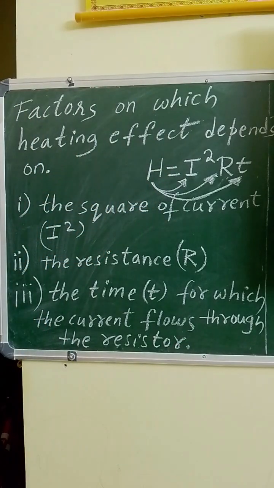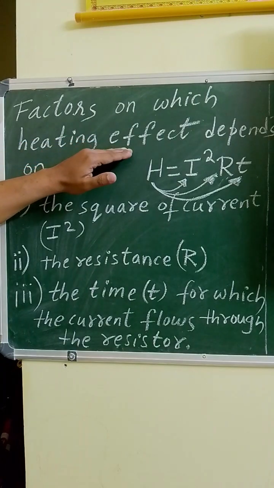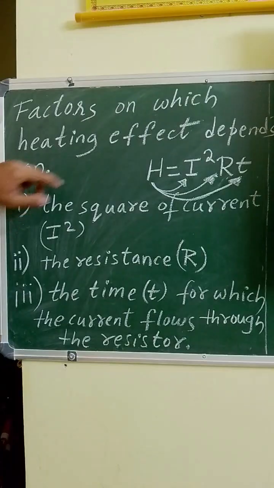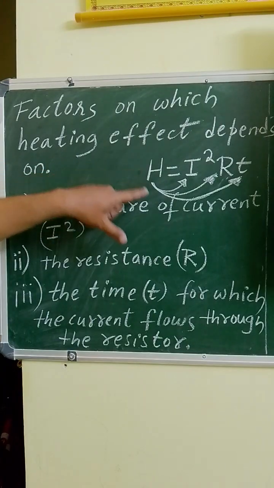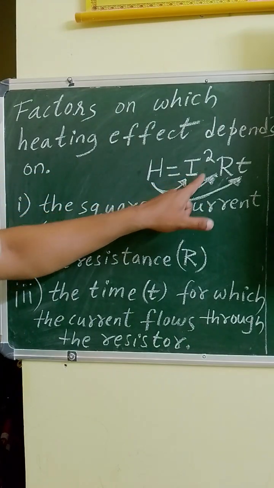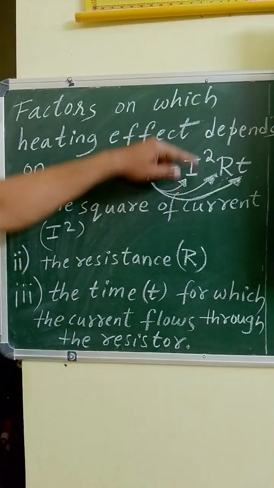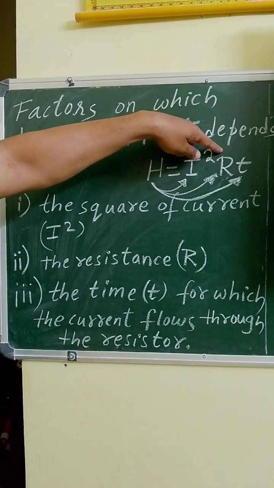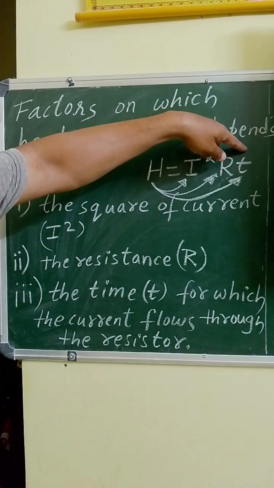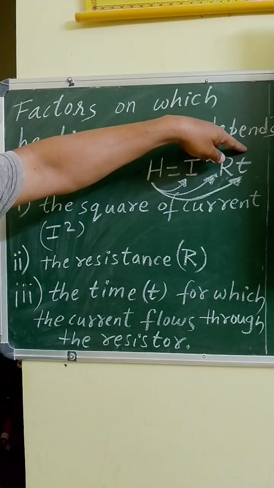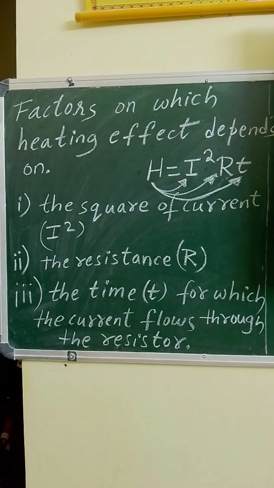So these are the list of factors on which heating effect depends on. Heating effect depends on the square of current and resistance and time for which the current flows through the resistor.